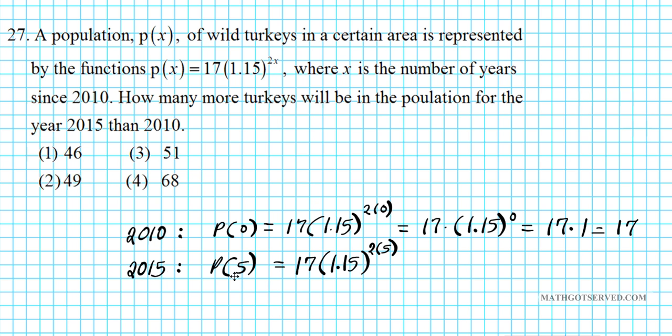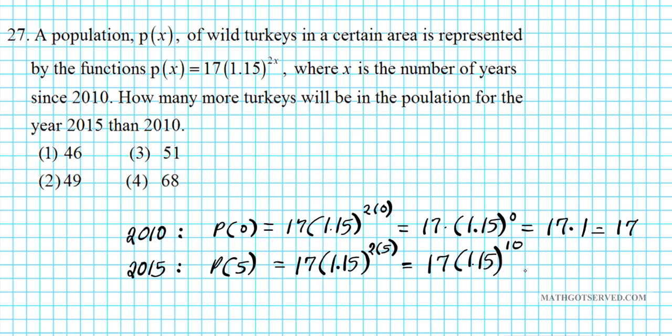Okay, now how did I get 5 for 2015? 2015 is 5 years since 2010. The difference in the years here is 5 years, so that's why x is 5, okay? So if you work that out, you have 17 times 1.15 raised to the 10th power.